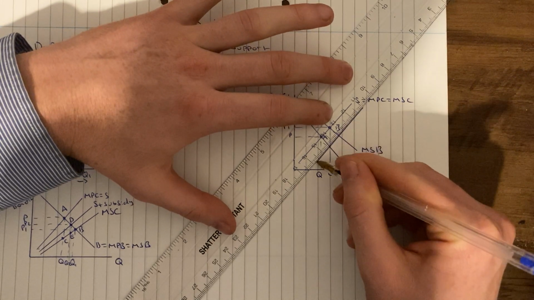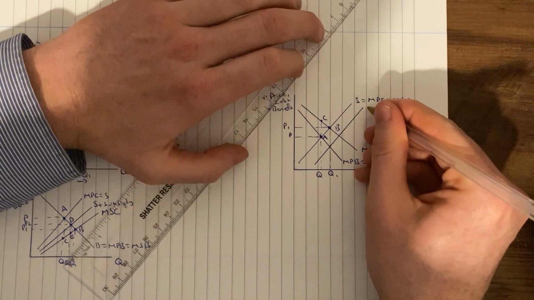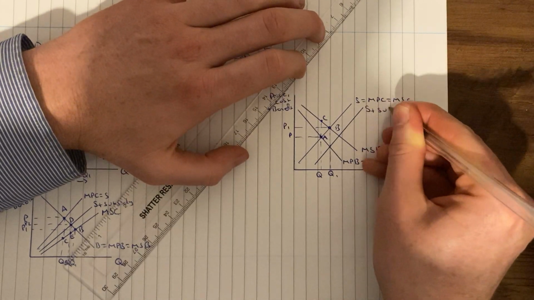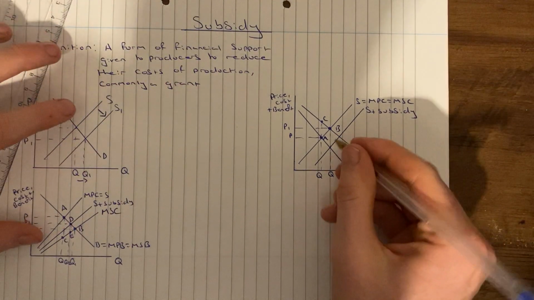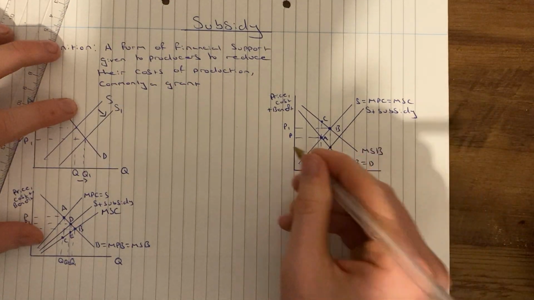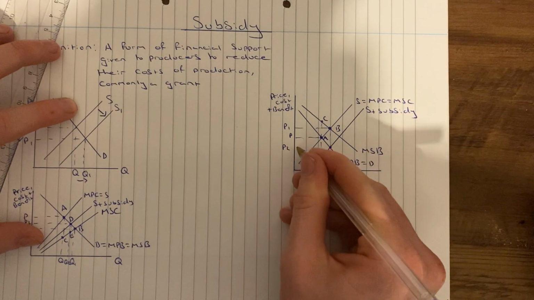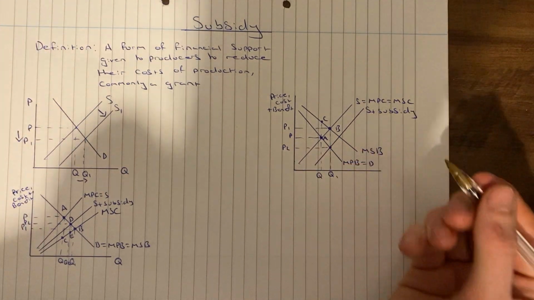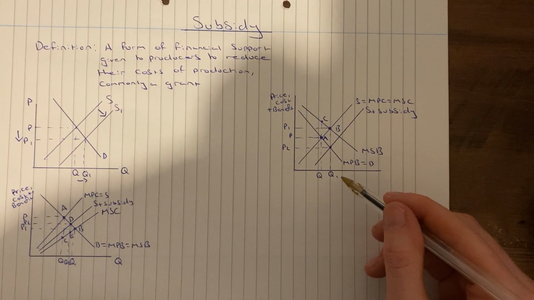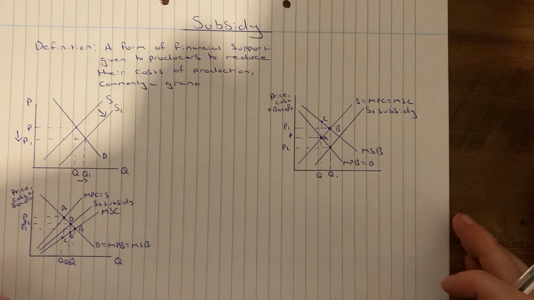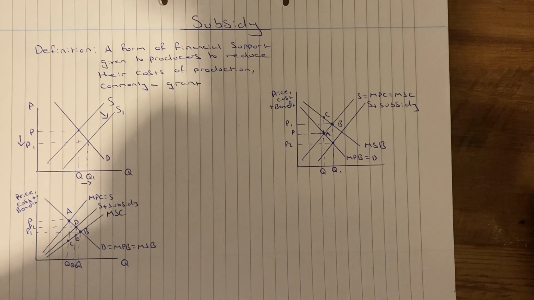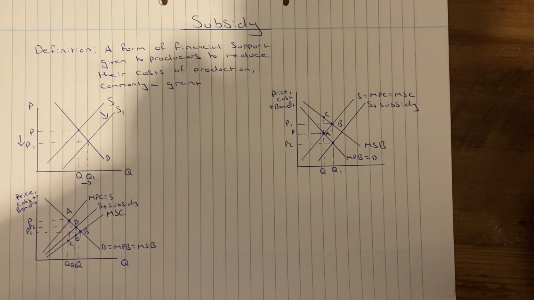So we're going to add our subsidy there, and therefore we've got S plus subsidy. Okay, and therefore as a result we're going to have a lower price of P2, and we see a quantity Q1, which is the social optimum quantity, and therefore the welfare loss will be eliminated.